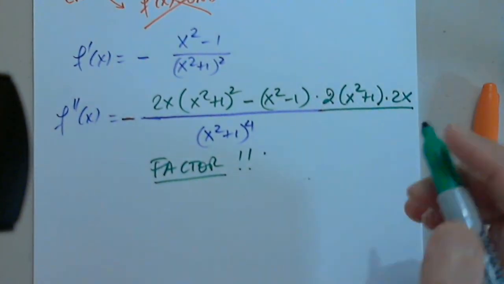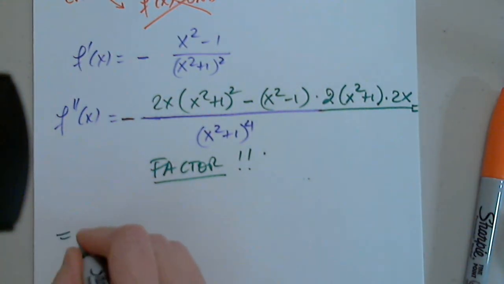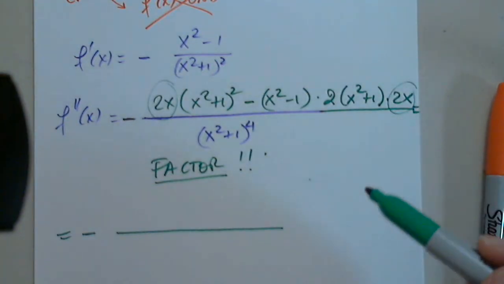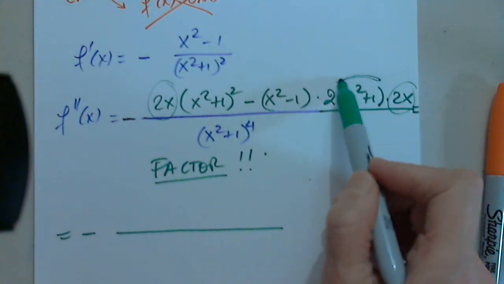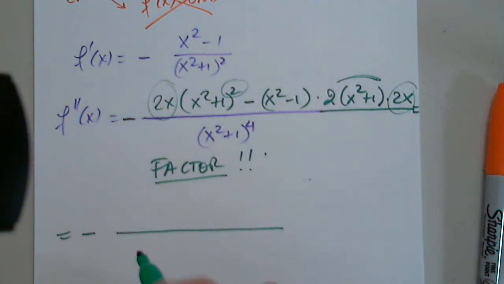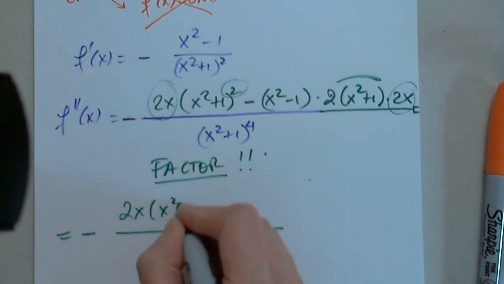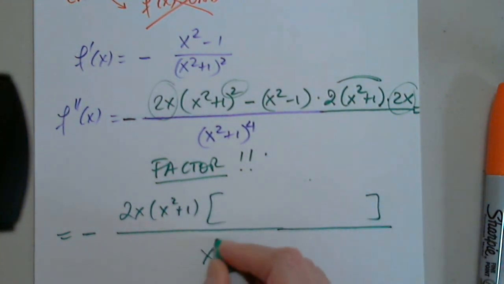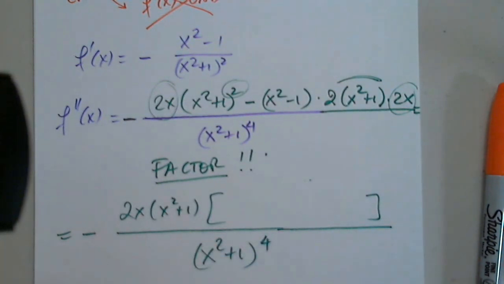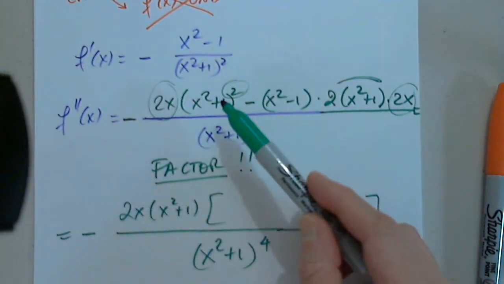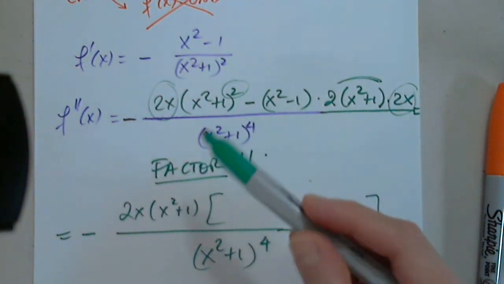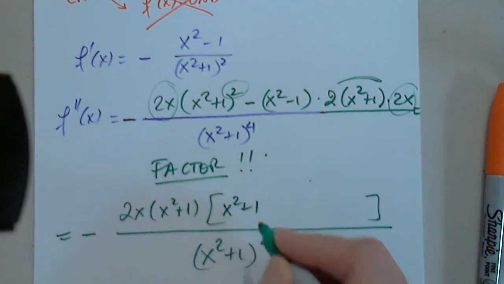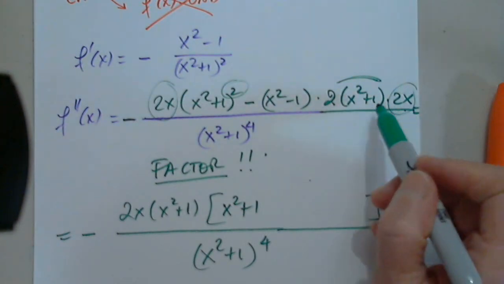So please remember, 2x is out, and one of these is out. 2x and x squared plus 1. Okay, 2x is out, x squared plus 1, one of those is out. This is out, this is out.